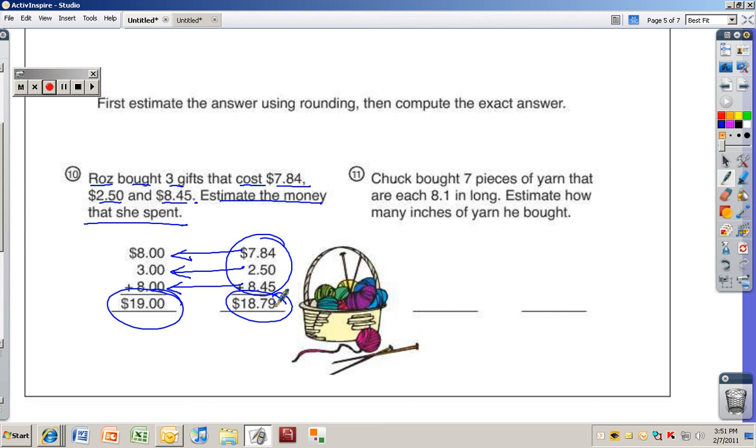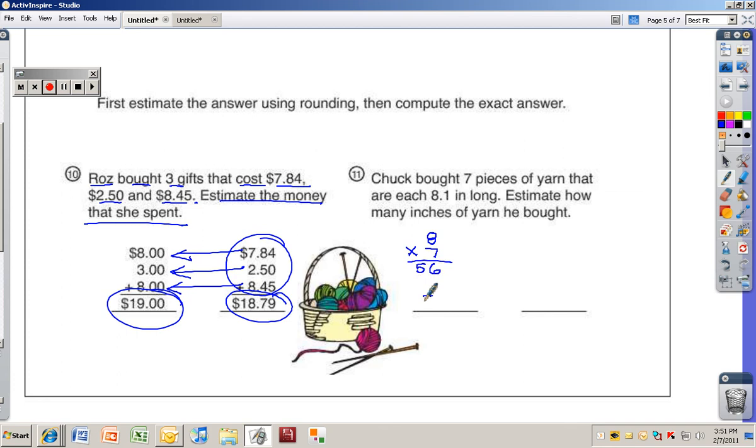Okay, well, Chuck bought 7 pieces of yarn that are each 8.1 inches long. Estimate how many inches of yarn he bought. Well, first, I will round the 8.1 to 8. And then I multiply that by 7, which is 56.